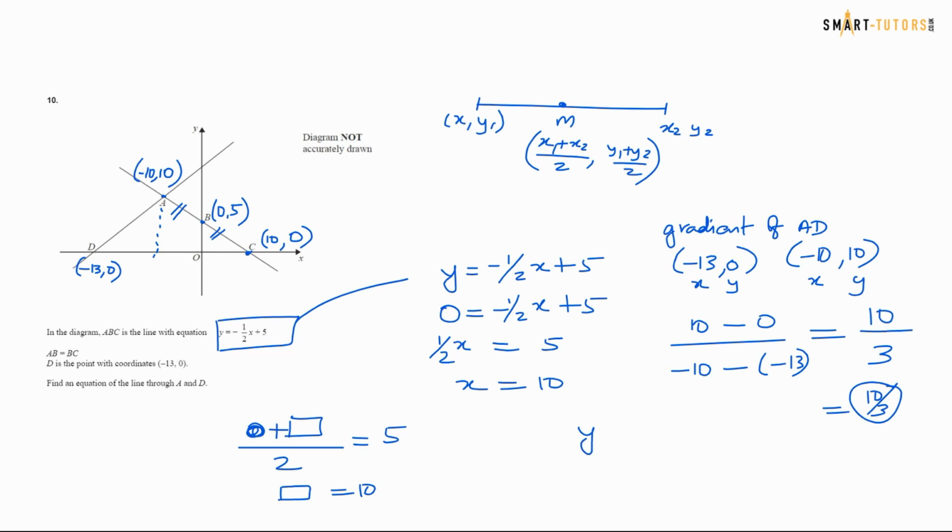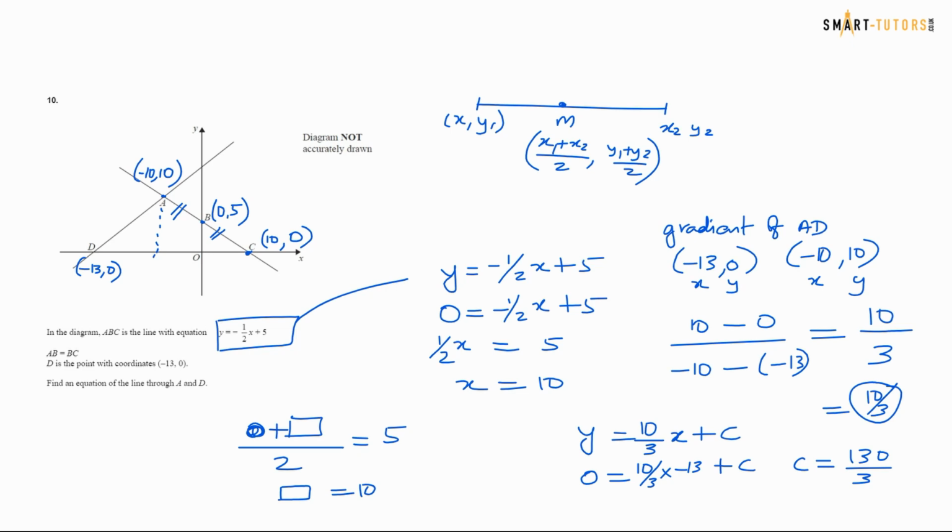So y = 10/3 x + c. If you substitute one of the coordinates, y equals 0 and x equals -13, so 0 = 10/3 times -13 plus c. So we will end up with c equal to 130/3.